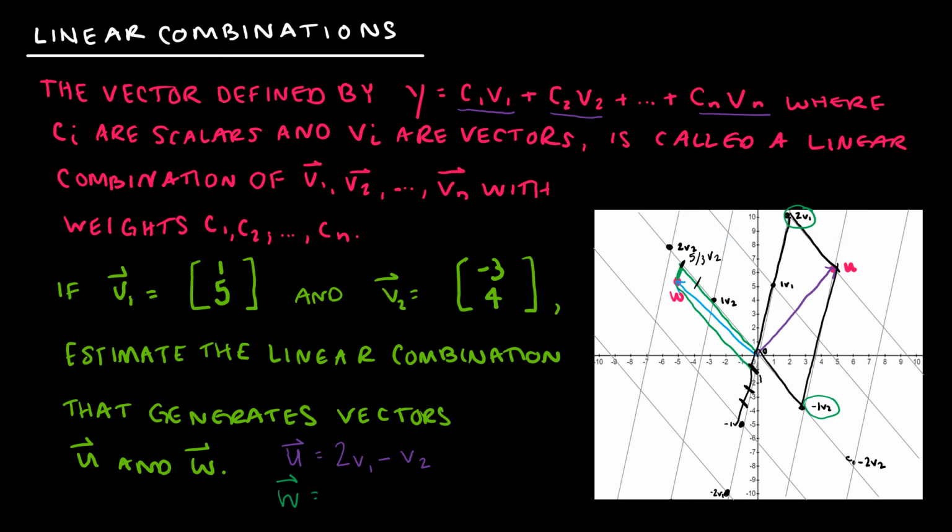So that is how I would write vector W: 1/4 V1 plus 5/3 V2. And again, that's just an estimation because we're not given anything clear. We've just estimated that W is about 1/4 of V1 and 5/3 of V2.